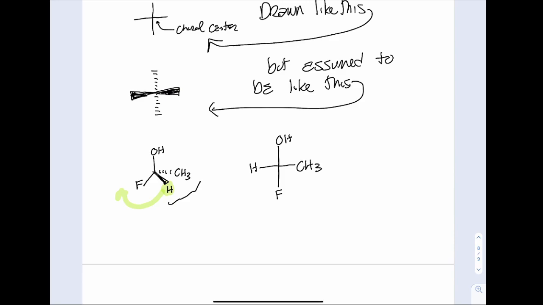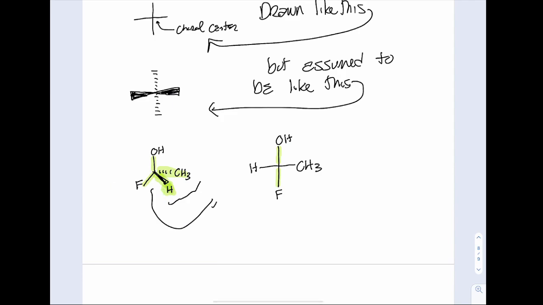The easiest way for me to draw these is to keep the 2 that are in the plane, those ones, and make those the top and the bottom. And then because I need to get these groups, right? These groups in a Fischer need to be coming out at us. I need to tilt it, right? Swing it in this direction. If I was to take it and swing it in the opposite direction, right?